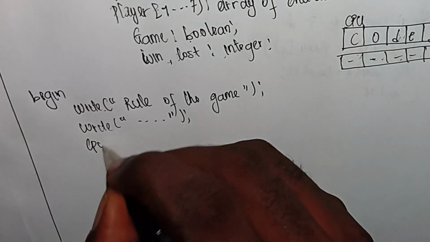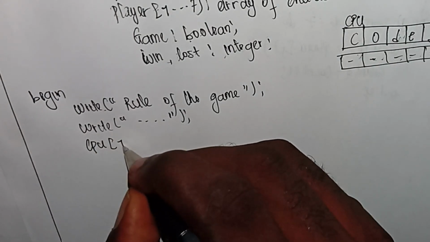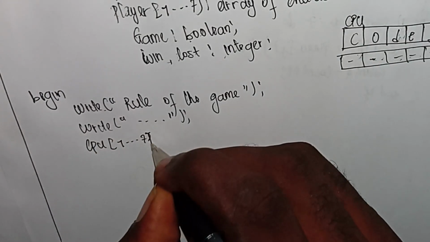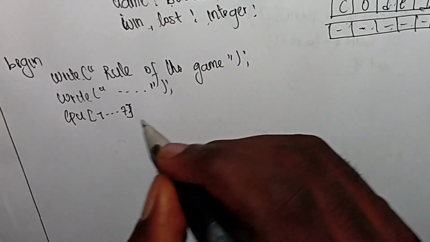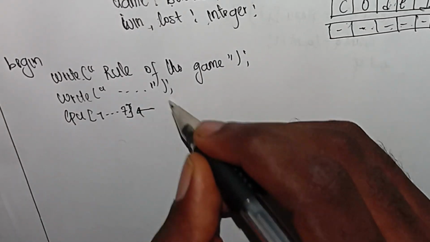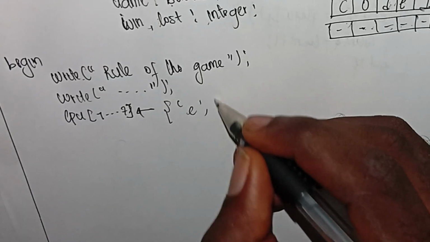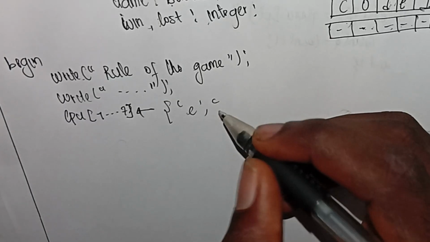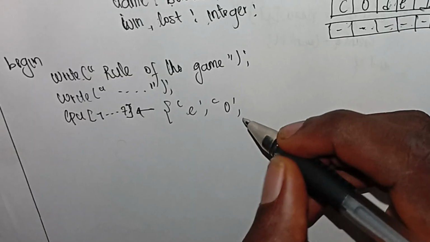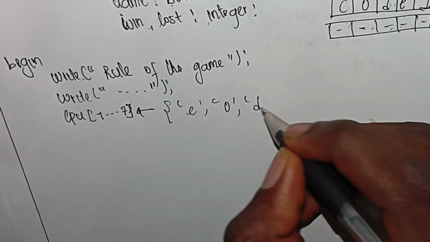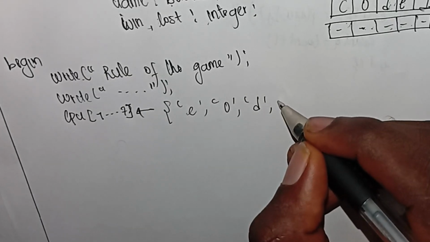So we want to fill in the CPU's array 1 to 7. Assignment operator. So a character is simply like a letter, like just a character. That's exactly what it is.